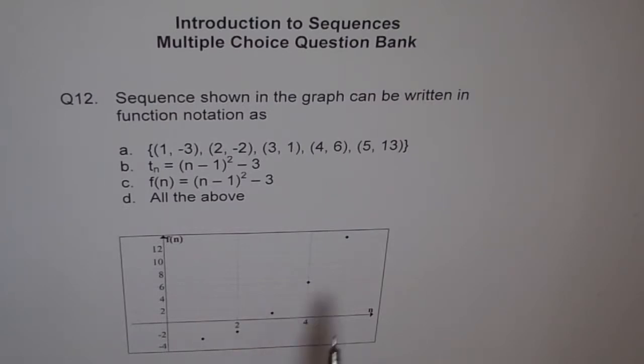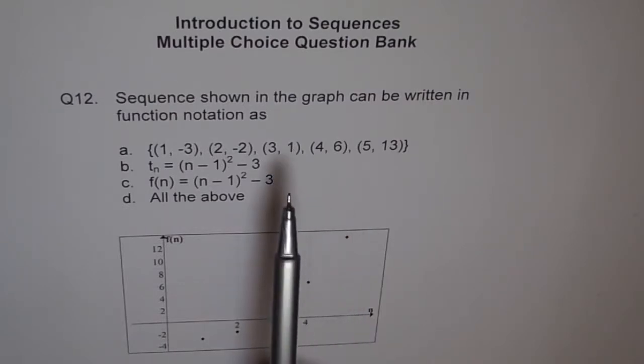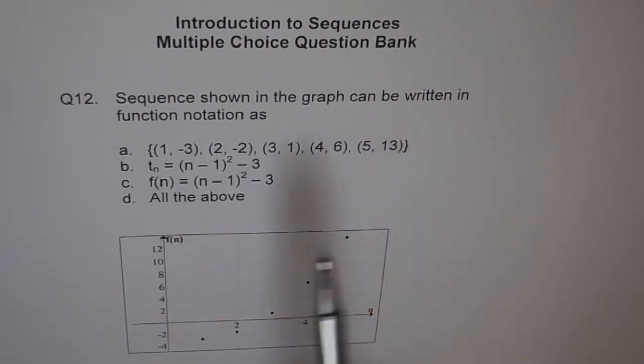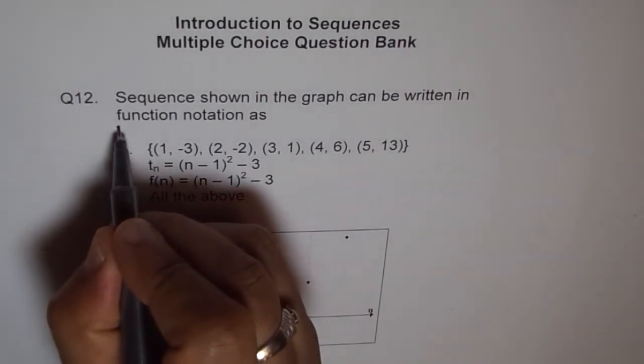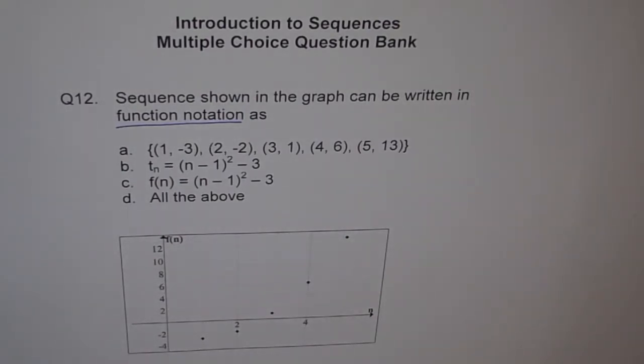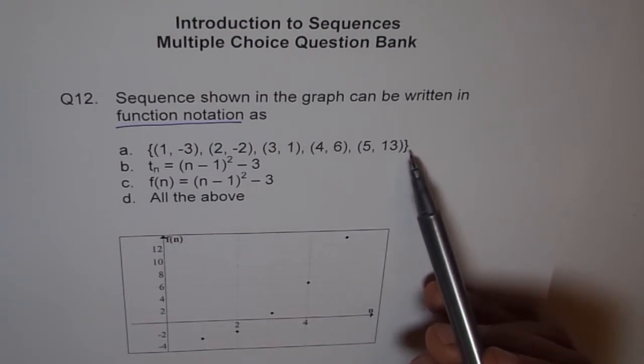Now here, you will notice that the question specifies the sequence shown in the graph can be written in function notation. So we want the answer in function notation, not in any other format or notation or term. The answers given are, first one is in set notation, which is not the requirement.